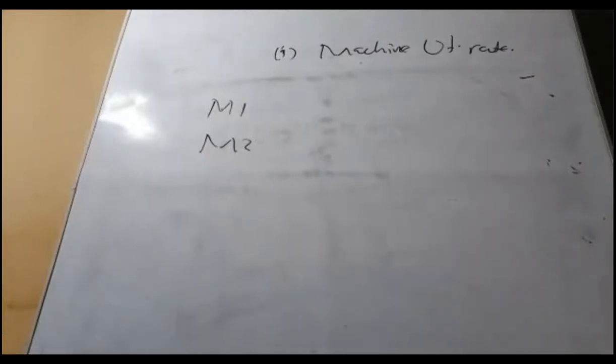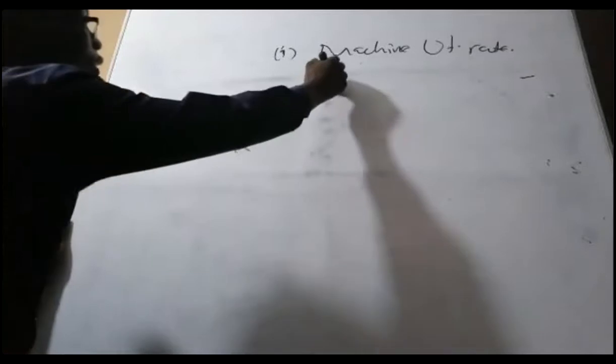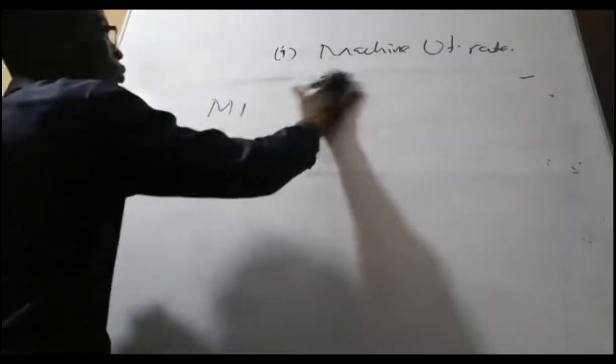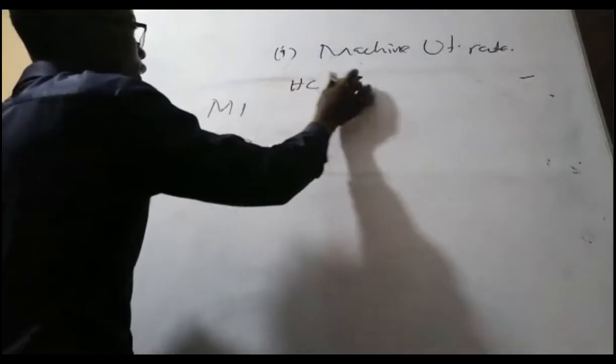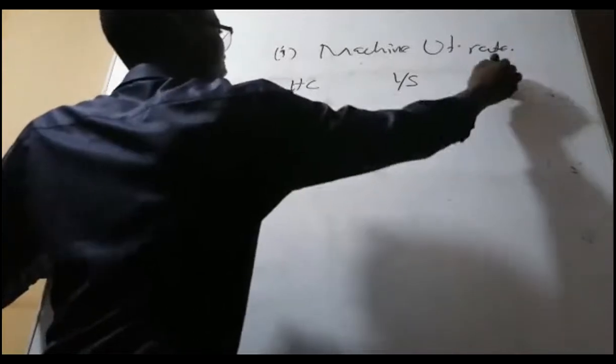Let's go and write the product names: the products are HC, YS, Yogurt Swallow, and CL.